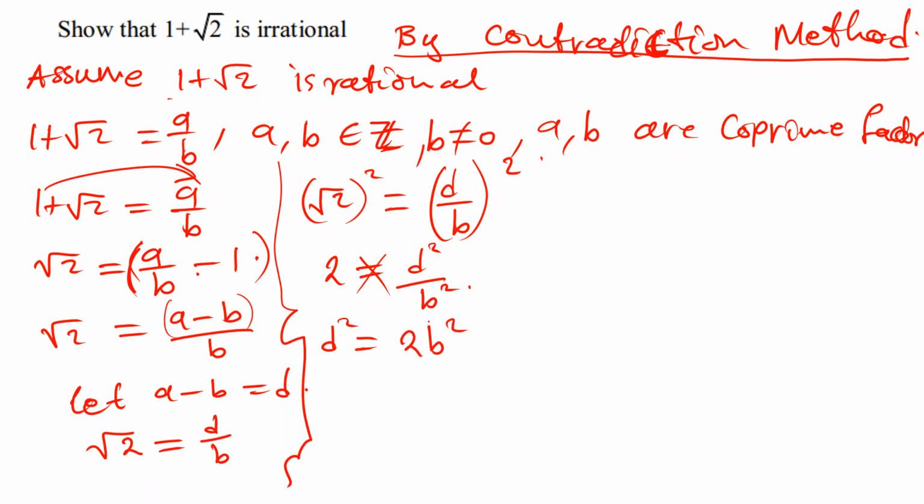After doing that, we can conclude that 2 is a factor of what? I'm just going through the same procedure that we had in the previous session. 2 is a factor of d squared, and hence 2 is also a factor of d.